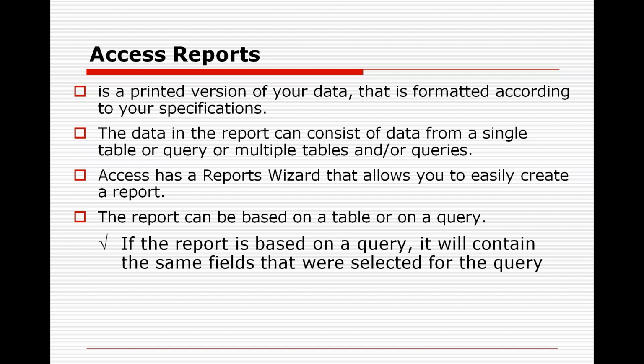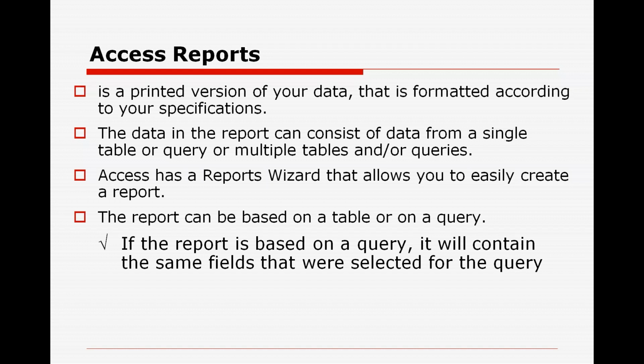The data in the report may consist of data from a single table or single query or multiple tables or multiple queries, right? One report you can create using several tables or several queries or using both. That is the important thing.